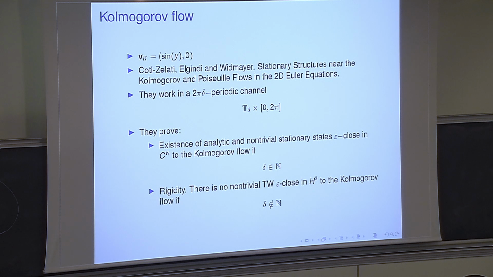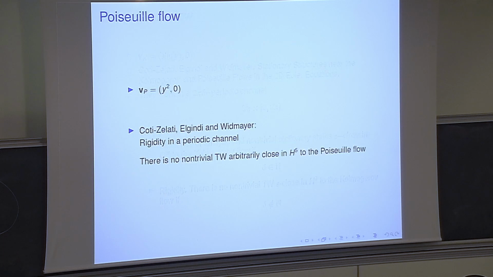However, if you take delta, let's say 1/2, then there is no traveling wave epsilon-close in the H^3 topology. Okay, they are able to reach H^3. But we don't know if this exponent is optimal. Okay.